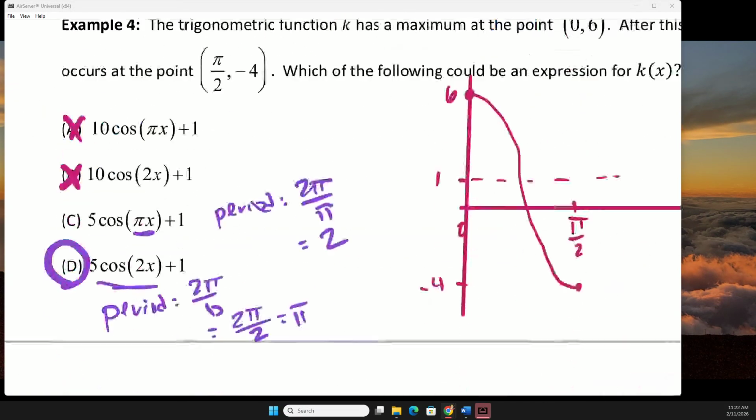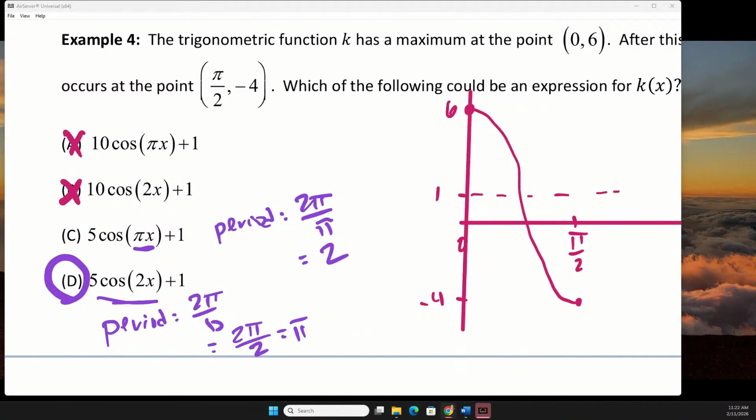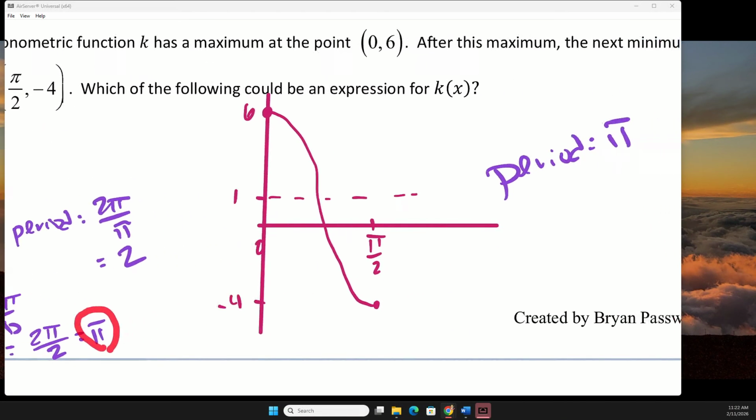So on ours, the right answer, 2 pi divided by 2, is pi. And the period is pi because this is half a period. So max to min is half a period. Max to max is a whole period. We talked about that yesterday.